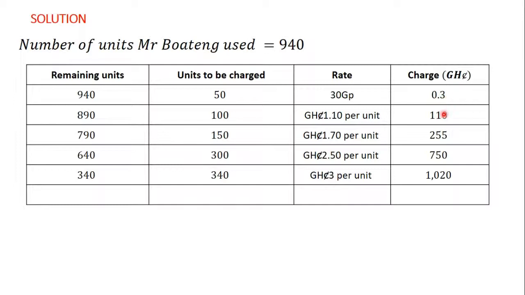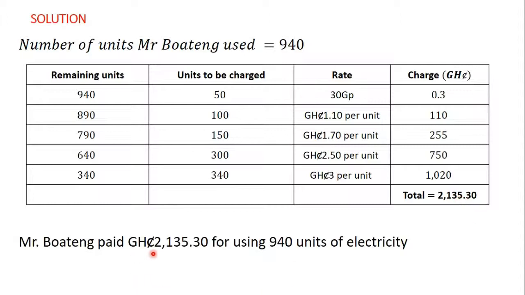So 0.3 plus 110 plus 255 plus 750 plus 1020 will give us 2,135 Ghana cedis 30 pesos, meaning that Mr. Boateng paid 2,135 Ghana cedis 30 pesos for using 940 units of electricity.